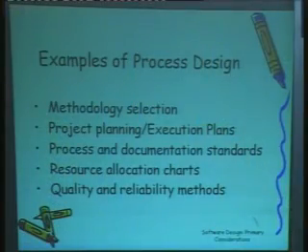Which cabins are you going to allot to your teams? Where are they going to discuss? Resource allocation charts. Then how do you ensure your quality of your software development process and reliability of your product? What are the different methods that you are going to employ for quality and reliability methods? So these are all different ingredients of your process design.